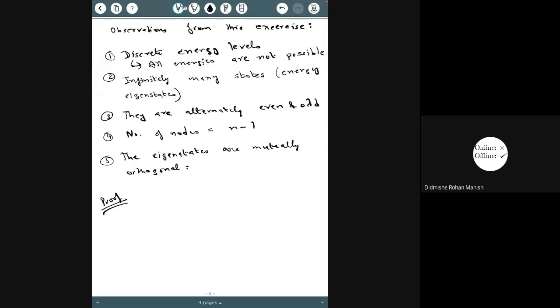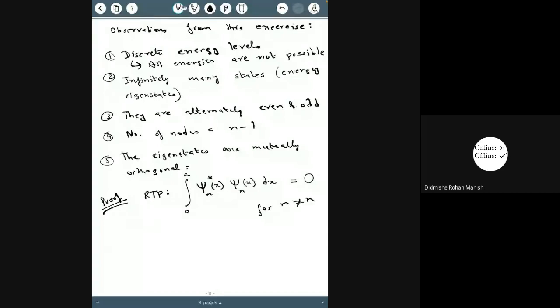What we need to prove is that the integration of two eigenstates, say one with quantum number m and another with quantum number n, from 0 to a will give you 0 for m not equal to n.